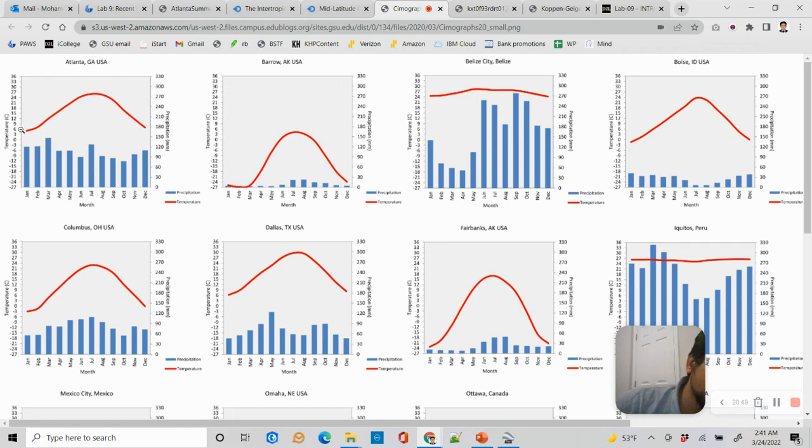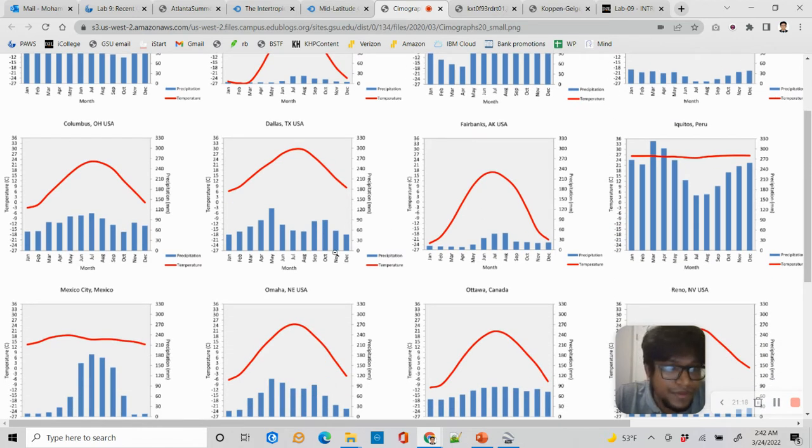If it is 8 degrees Celsius lower, that means it would be around -3 to -6. So let me see which other region matches that temperature. Probably 21,000 years ago, the temperature of Atlanta was similar to this one. It is -3, or you can go even more than that.